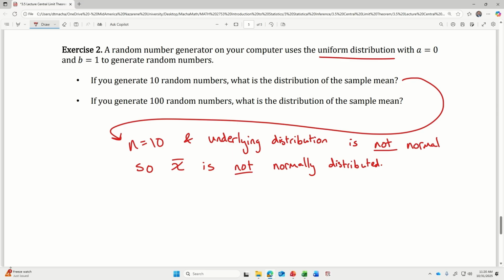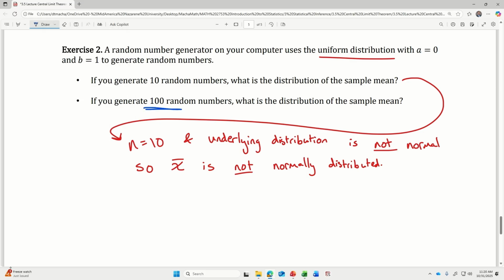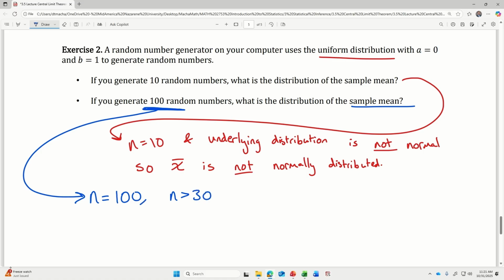The next bullet point says, what happens now if we generate 100 random numbers? What's the distribution of the sample mean? So in this bullet point, n is equal to 100. So n is greater than 30, and the sample mean is normally distributed.